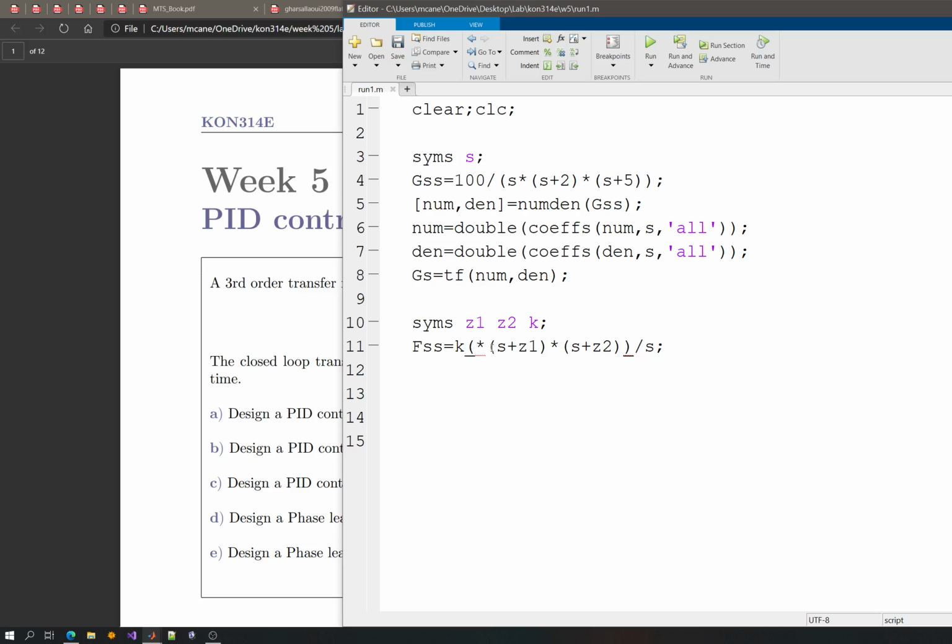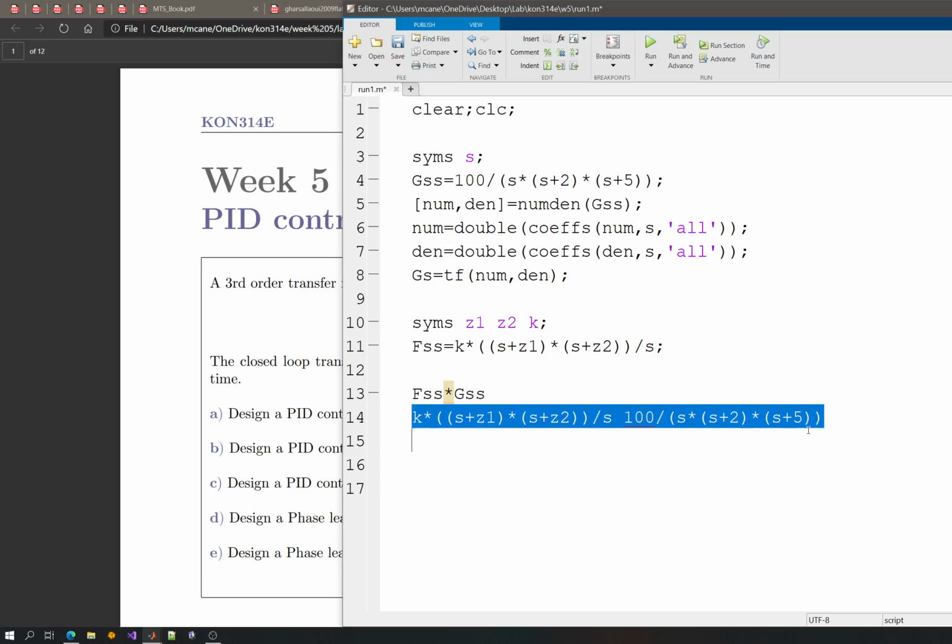This is more suitable for the root locus approach, since you see where the zero or both of the zeros are. Since I'm looking at FSS times GSS, instead of looking at this problem like this here times this, I should calculate this here.